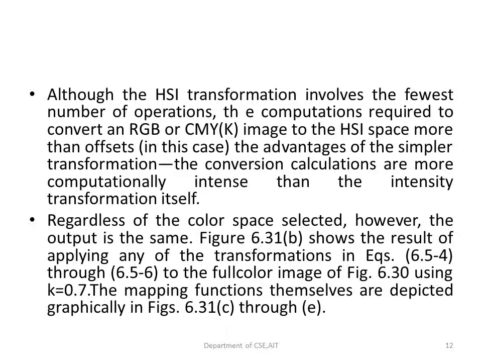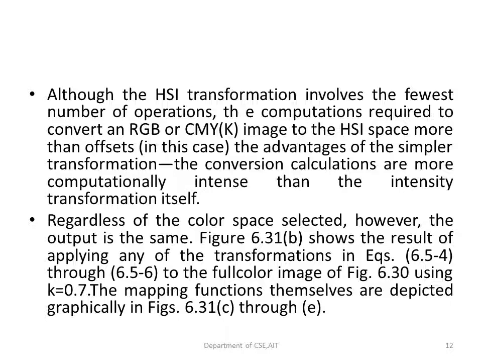In the next picture, we are going to see how the application of these transformations changes the full color image of the previous figure, figure 6.30, when we use the k value as 0.7. The mapping functions are depicted graphically so that we understand the conversion clearly.